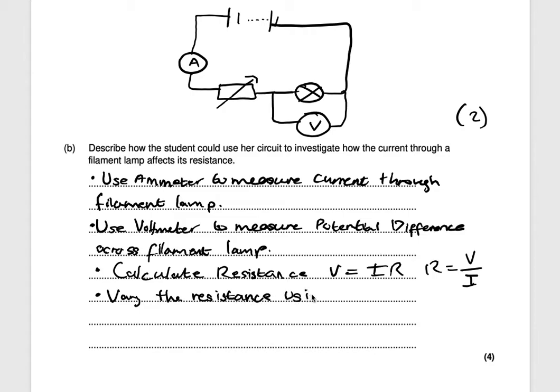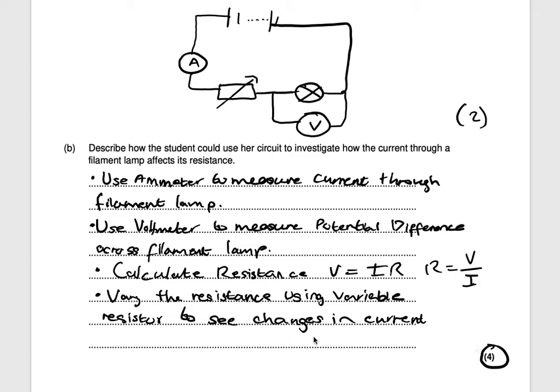You can vary the resistance using the variable resistor to see changes in current. Okay, and that would get you 4 marks.